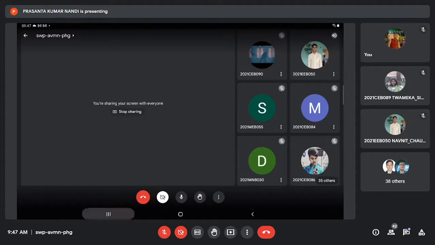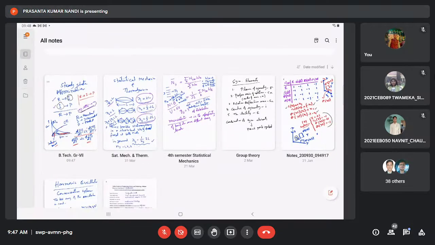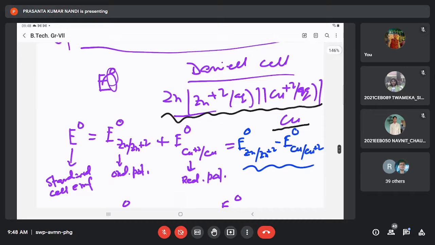Now at this stage, if you have any question, okay. So in the Daniell cell, standard cell EMF equals, by convention, the oxidation potential. I generally write this form, that is zinc to Zn2+, whereas E0 on the right hand side is the reduction potential, and one has to write like this.